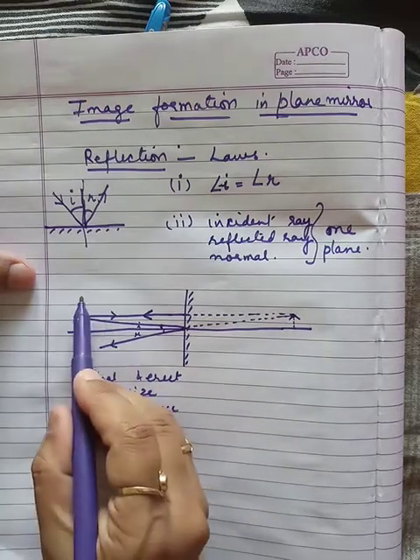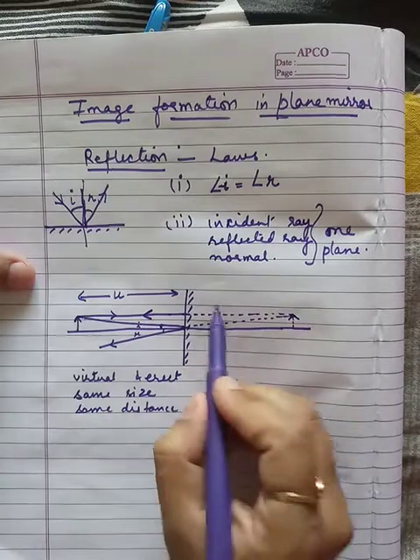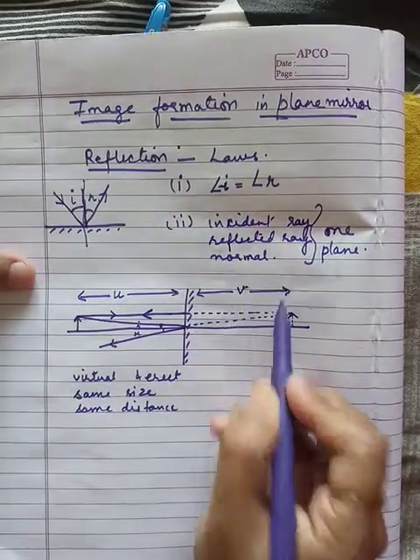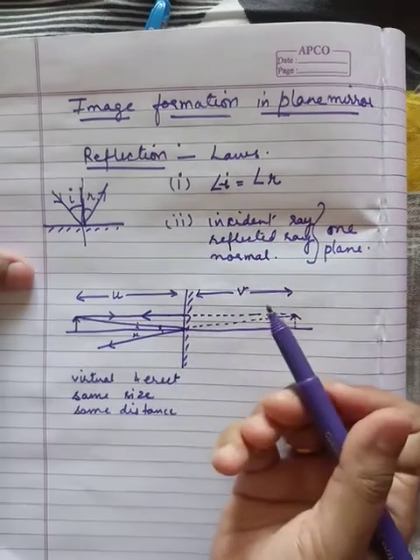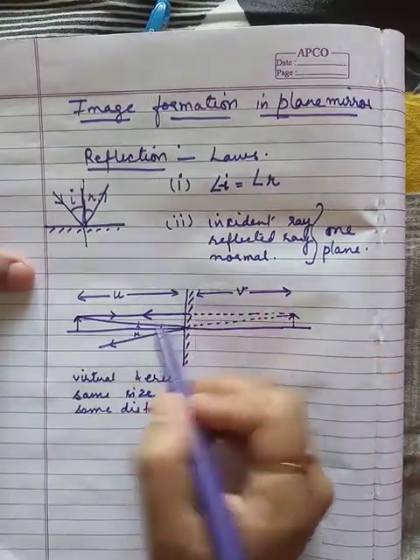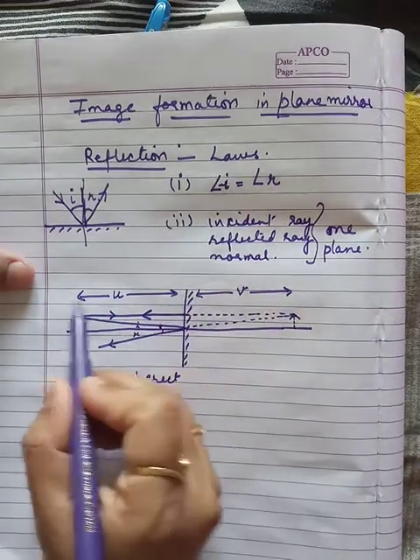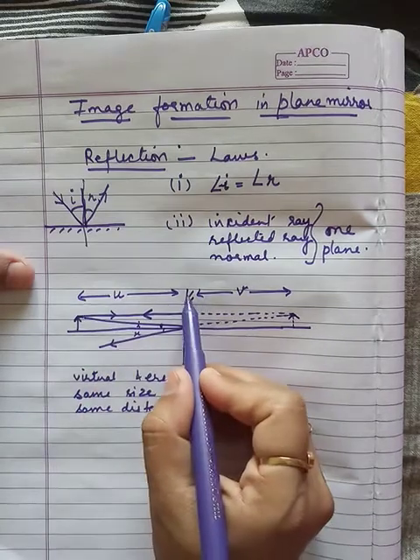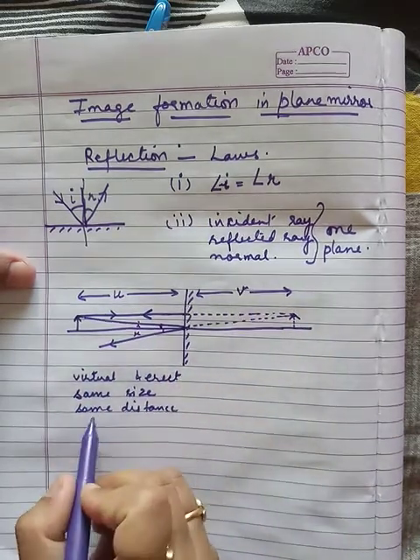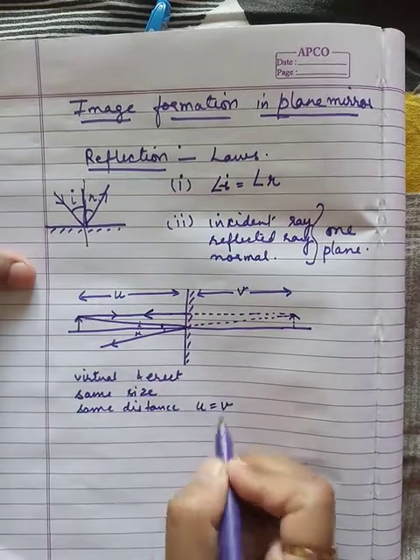The object distance is called small u, and the image distance is called small v, in terms of this chapter, in terms of physics. Okay, so the distance from the mirror to the object is u, the distance from the mirror to the image is v. So the distances u and v are the same, u is equal to v.